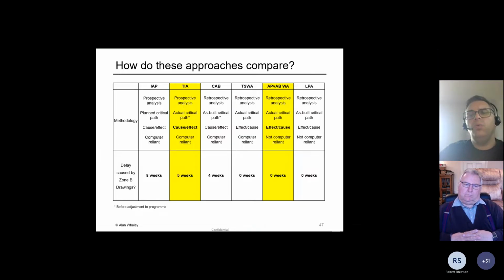So almost there. What we can see when we compare these two methodologies and others is that typically one of these prospective cause and effect approaches is going to generate much more delay. The reason for that is because it relies on, in some cases, several hundreds of assumptions if you're thinking about logic links in a program.